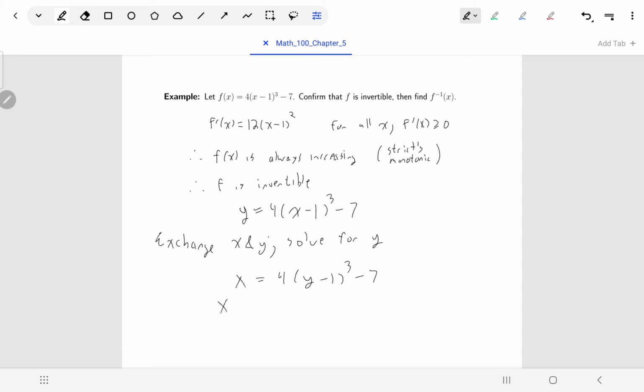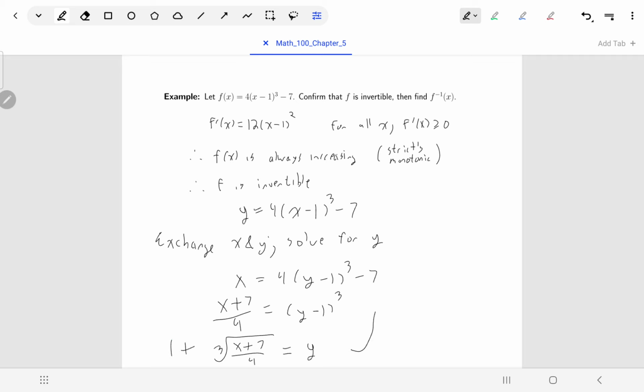And not hard to do, bringing the 7 over, dividing by 4. And then to finally finish things off, cube rooting. That would give me y minus 1, so y would be 1 plus this cube root.